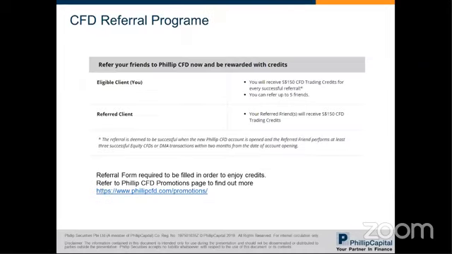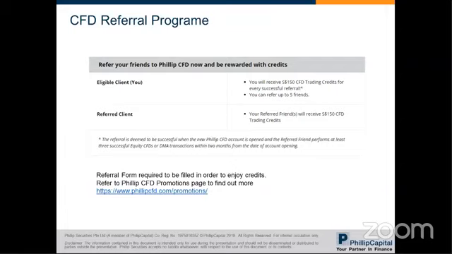Likewise, if you feel that our CFD platform is quite useful and want to get your friends to join you, just feel free to get them in as well. For every successful referral, you get a 150 CFD voucher, and your friend will also get another 150 CFD trading credits for their account.